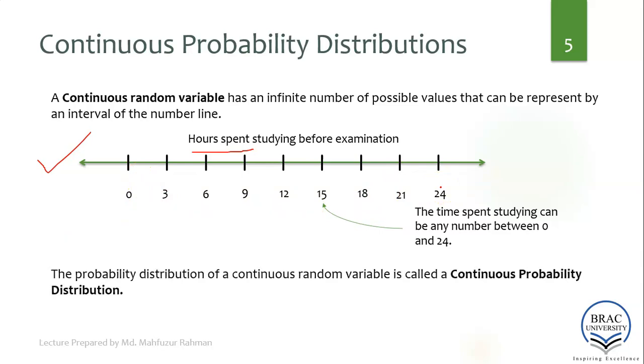The probability distribution for this continuous random variable is known as continuous probability distribution. Obviously our random variable x is a continuous random variable, and in this particular example hours spent studying is our continuous random variable.